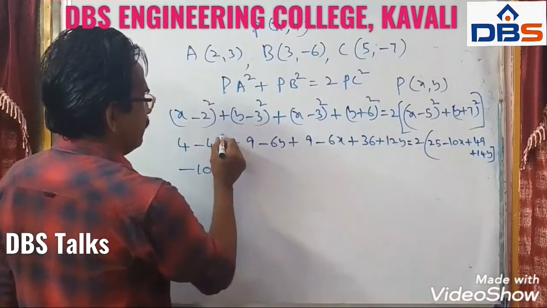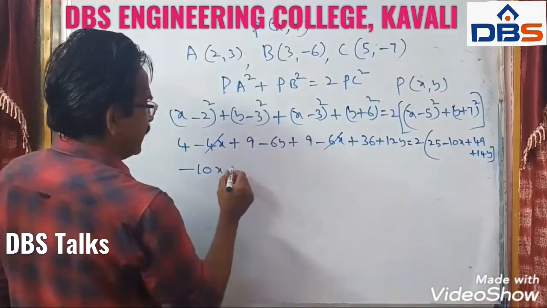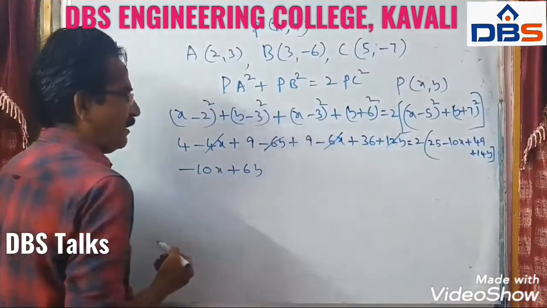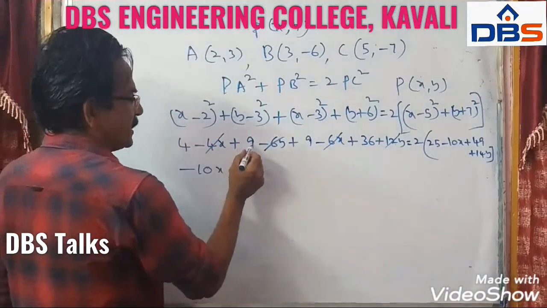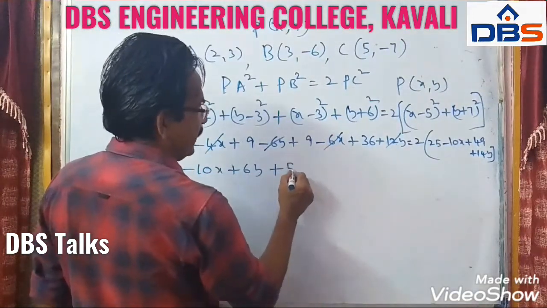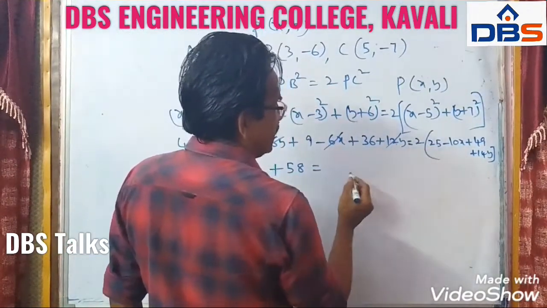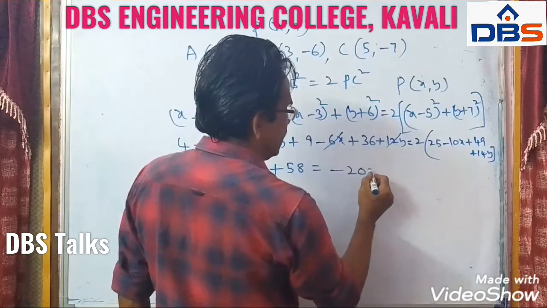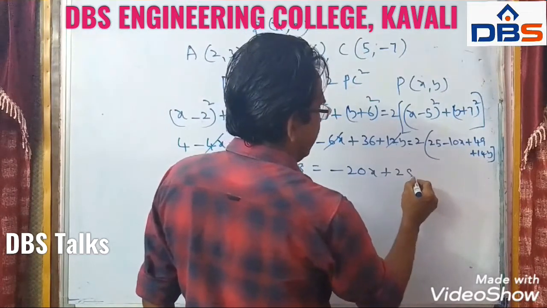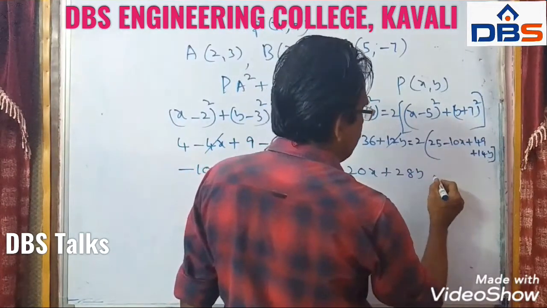The y terms: minus 6y plus 12y, 6y. And the constant term: 9 plus 4 plus 9, 13, 13 plus 9, 22, 22 plus 36, 58, is equal to minus 10x, 2 into minus 10x, minus 20x, 14y plus 28y, 25 plus 49, 74, 74 2's 148.